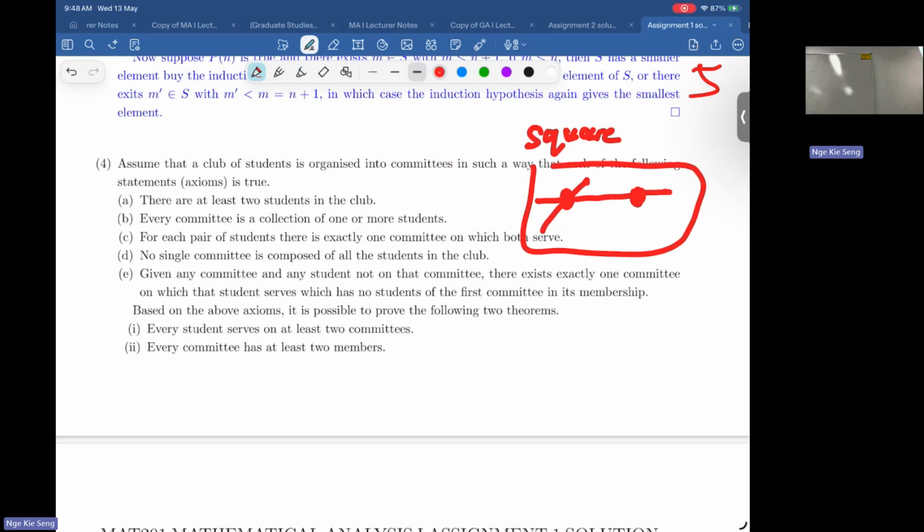So in this case, there's 1 committee having these 2 students, and if there are only these 2, then this axiom 3 doesn't make sense. So there must be another committee. But every two of them must have a committee that both serve.